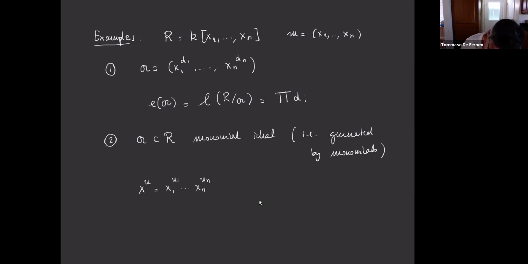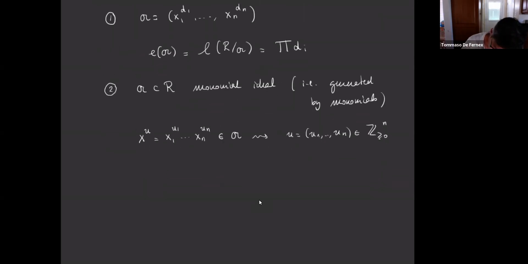And every time I fix a monomial in A, I associate to that the point u = (u1, ..., un) inside Z^n, and all the entries are non-negative, of course, so Z_{≥0}^n.